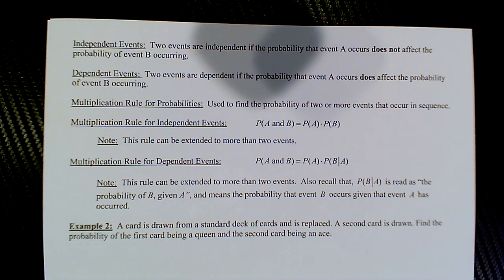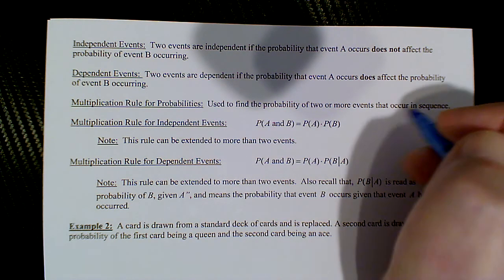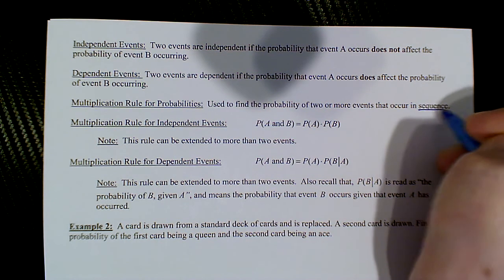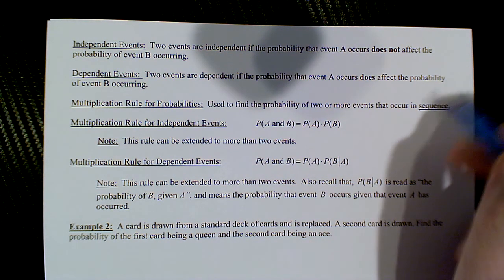And then two events are dependent if the probability of the first does have an effect on the second one occurring. And there's two rules for multiplication. If we perform these two events in sequence, this is very similar to the fundamental counting principle. Performing them in sequence, we use two different notations.